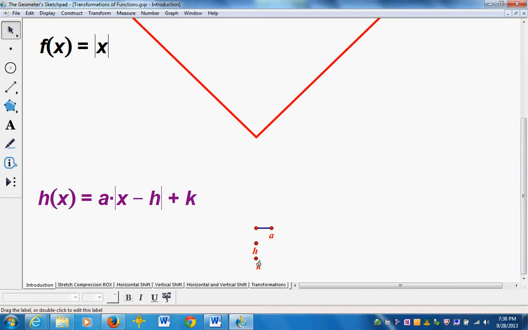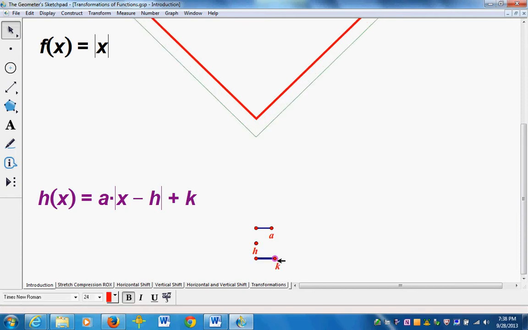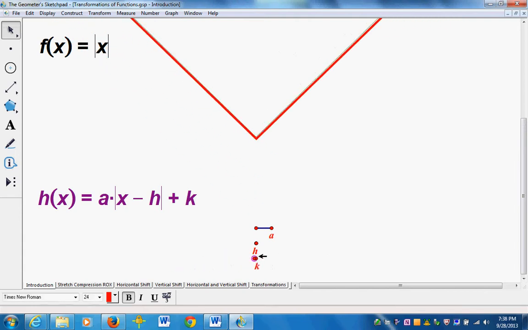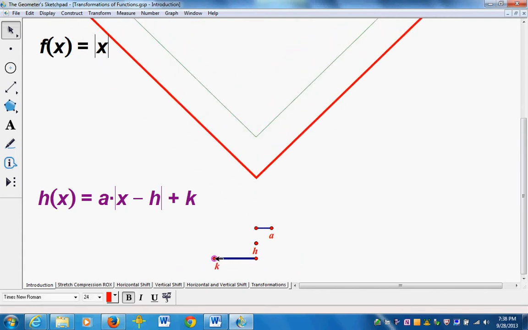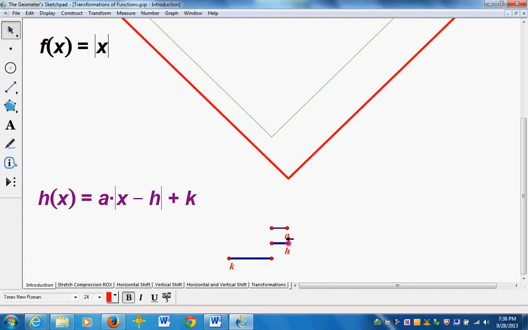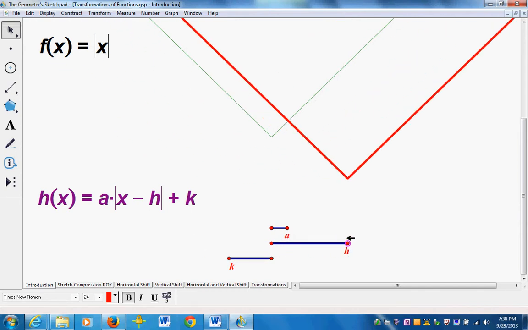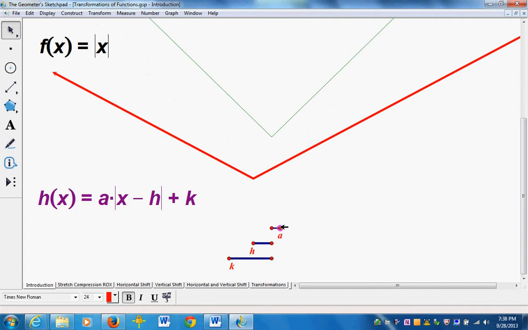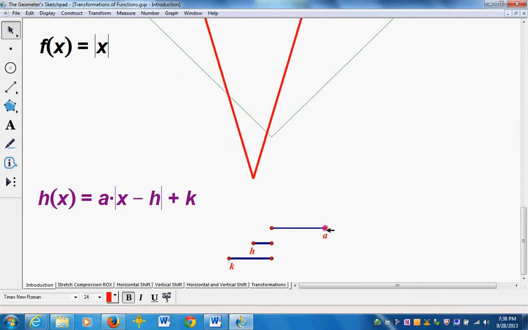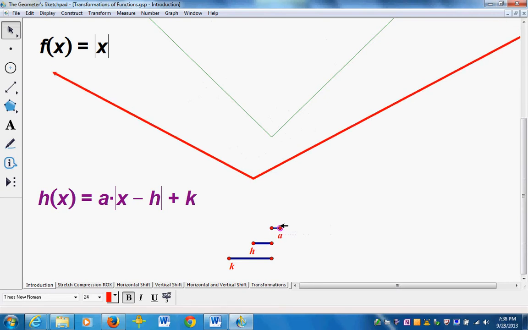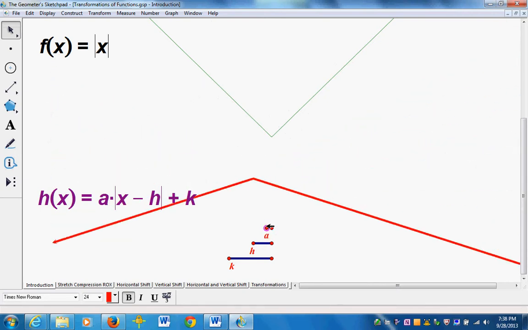I'm going to do the same thing for K. I'm going to move K, and you can see that K is moving it up and down. So this would be a vertical transformation. This is a horizontal transformation. And this is my stretch or my compression, so it gets wide, or my reflection.